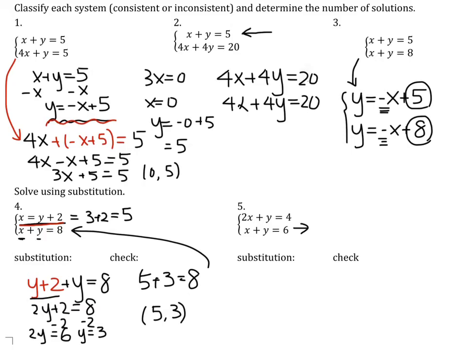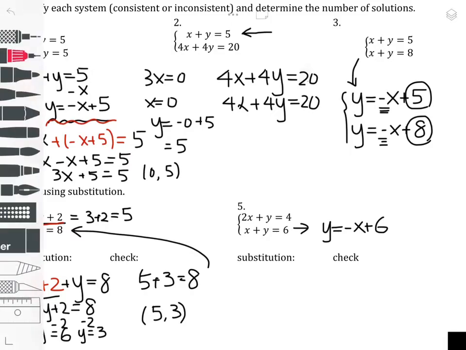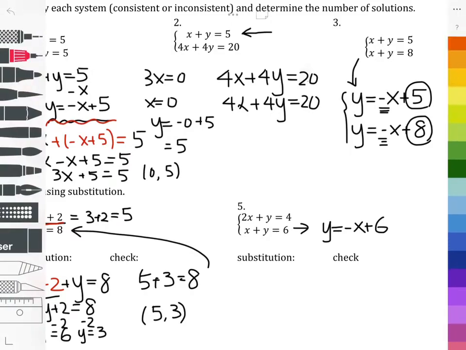So if I rewrite this equation, as I subtract x from both sides, I can write it as y equals negative x plus 6. Then I have 1y, and I can go ahead and plug it back into the first equation. But first, I'm going to rewrite the first equation.